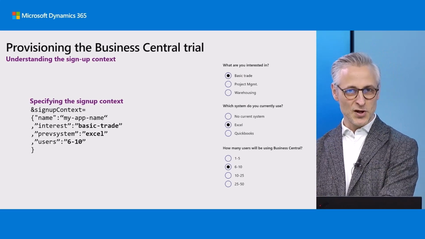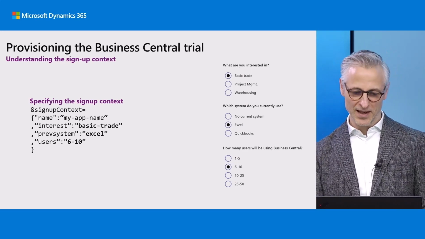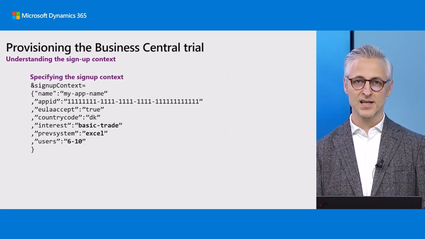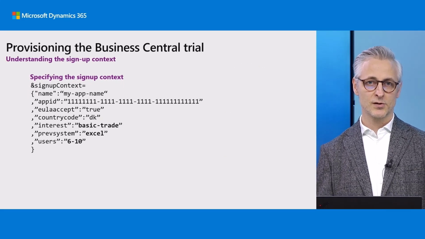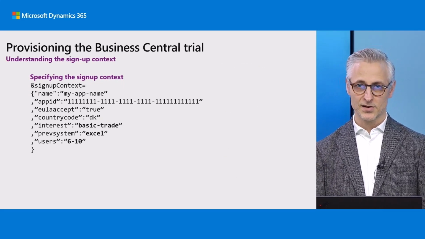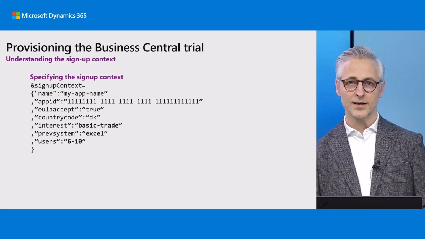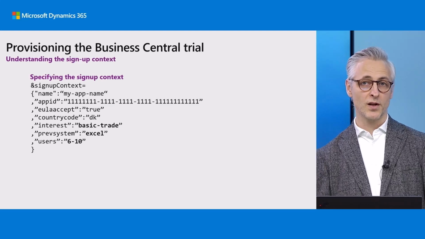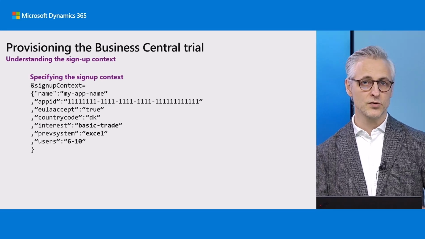That's also in the documentation. I don't want to deep dive too much into that now. But if we switch to the next example, you'll notice that there's some more information. Here I've added an app ID. In this case, it's just a random GUID of ones. In your example, you can get the app ID from your store listing on AppSource. It's public information; you can just look it up.